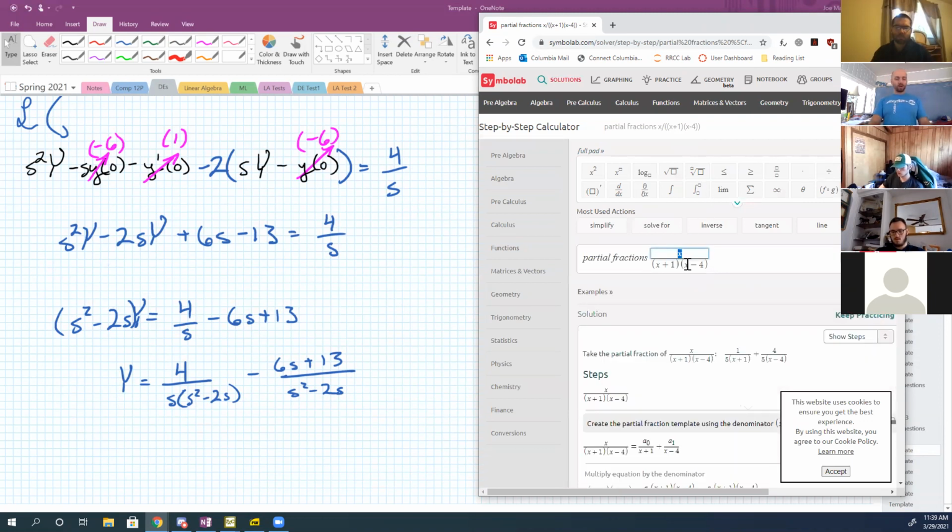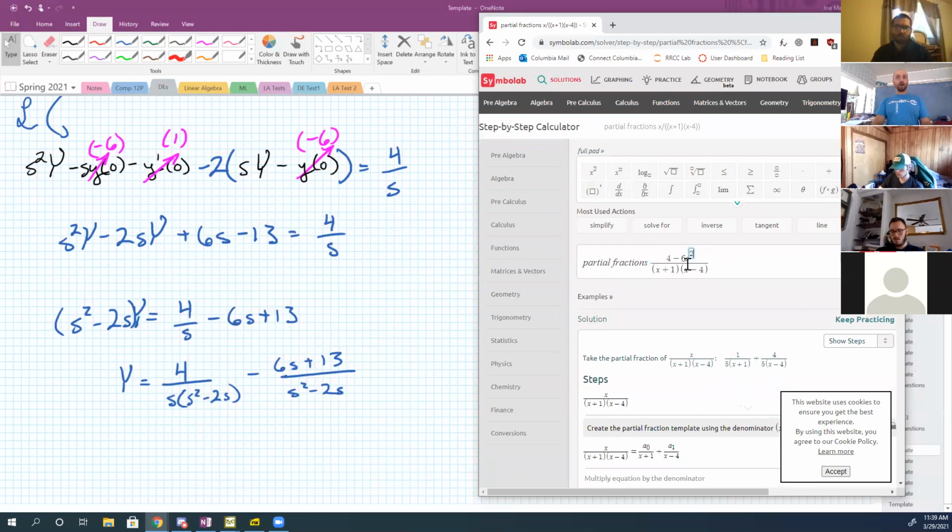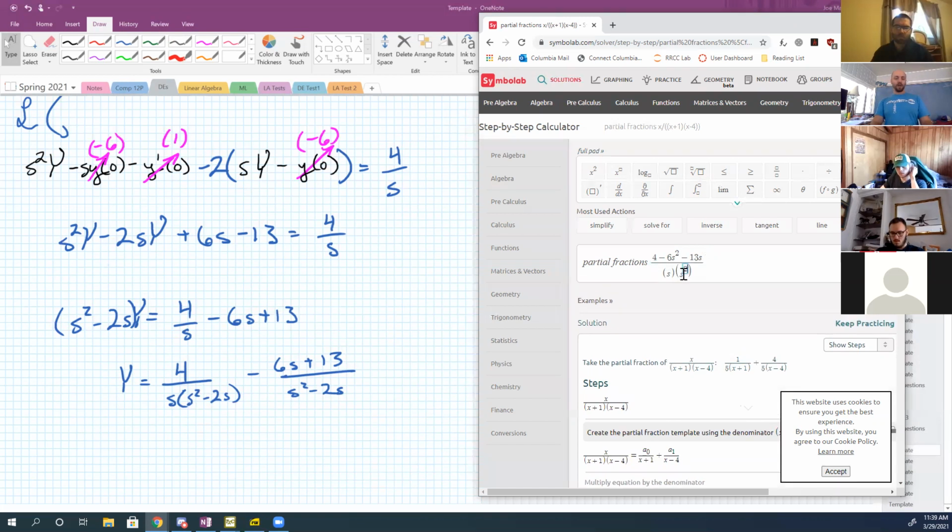Okay, so on top I have 4 minus 6s squared minus 13s. I just jammed all this stuff together. And then on the bottom, I have an s and an s squared minus 2s.